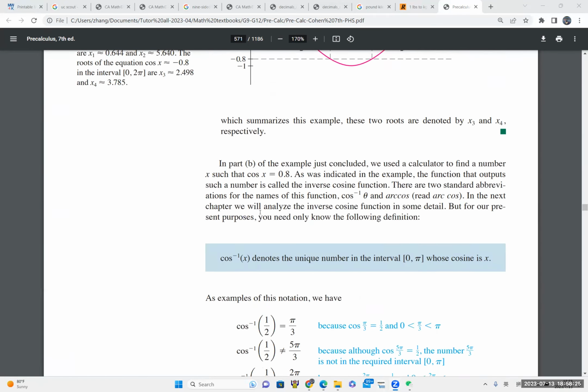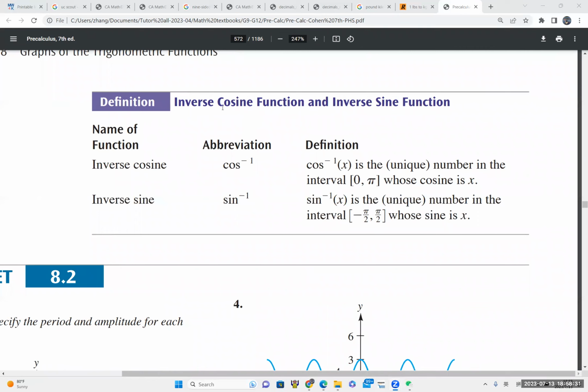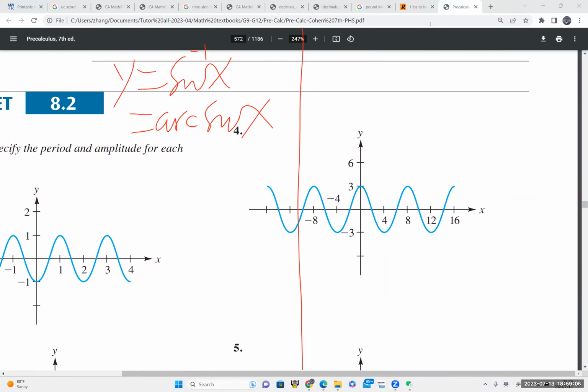So anyway, I may have a question for you here. Inverse cosine function and inverse sine, the abbreviation is this. Okay, before we go to the exercise, let me ask you. y equals arc sine x, or just call it arc sine.